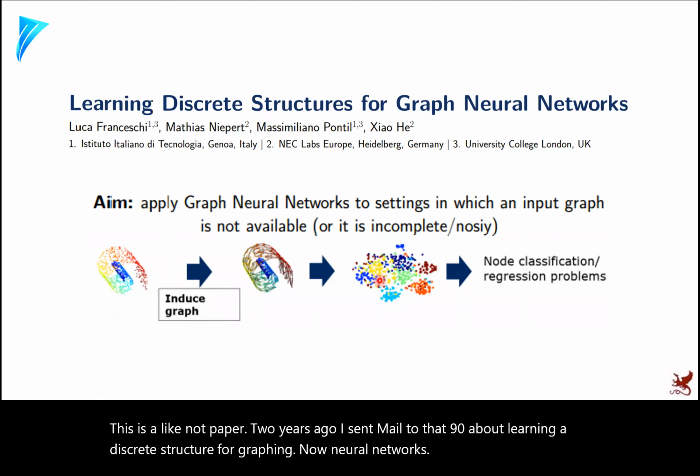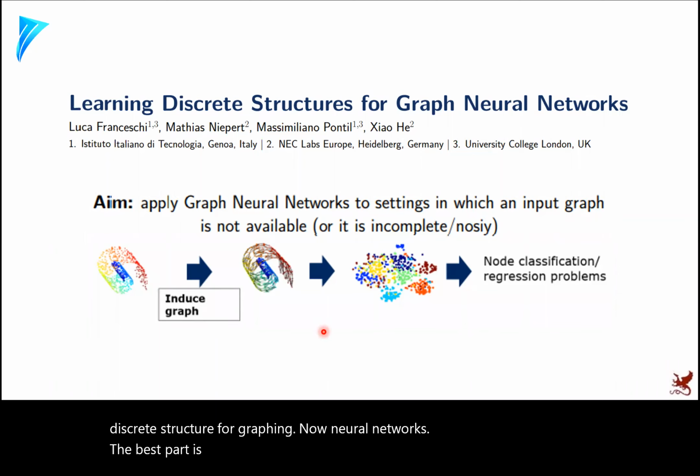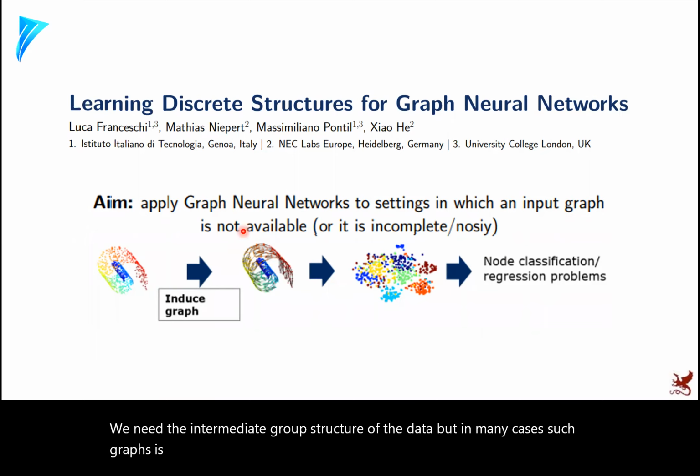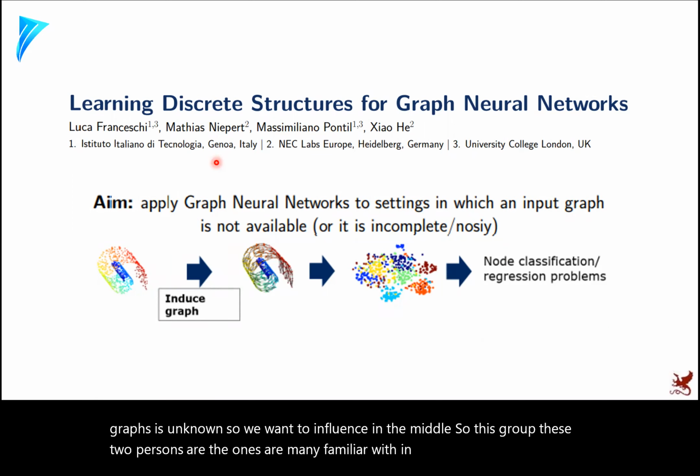The basic idea is that if we want to adopt a GNN on a dataset, we need the intermediate graph structure of the data. But in many cases, such a graph is unknown, so we want to infer it in the middle. The authors are two people many are familiar with from AutoML.